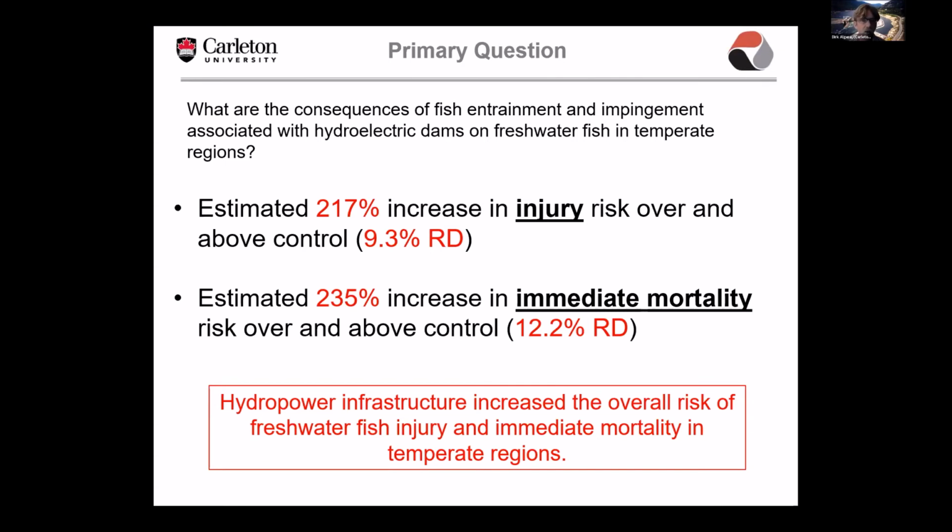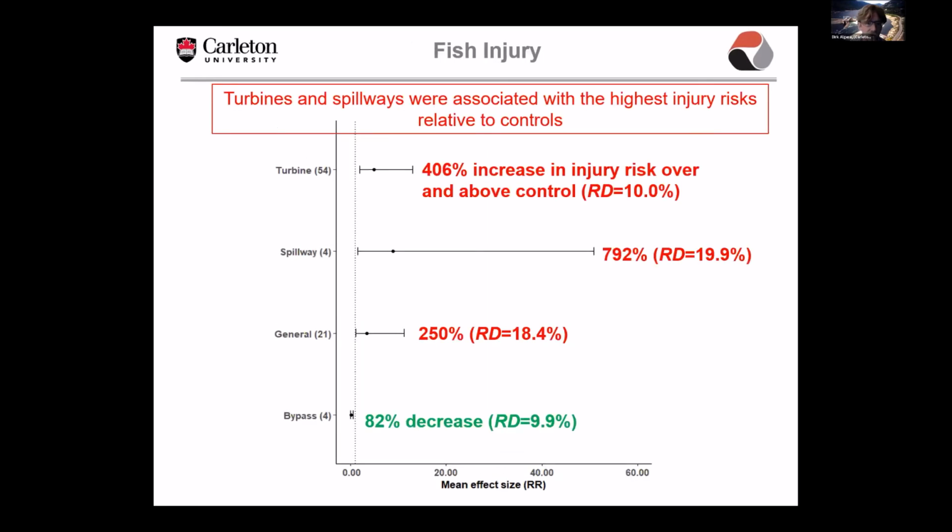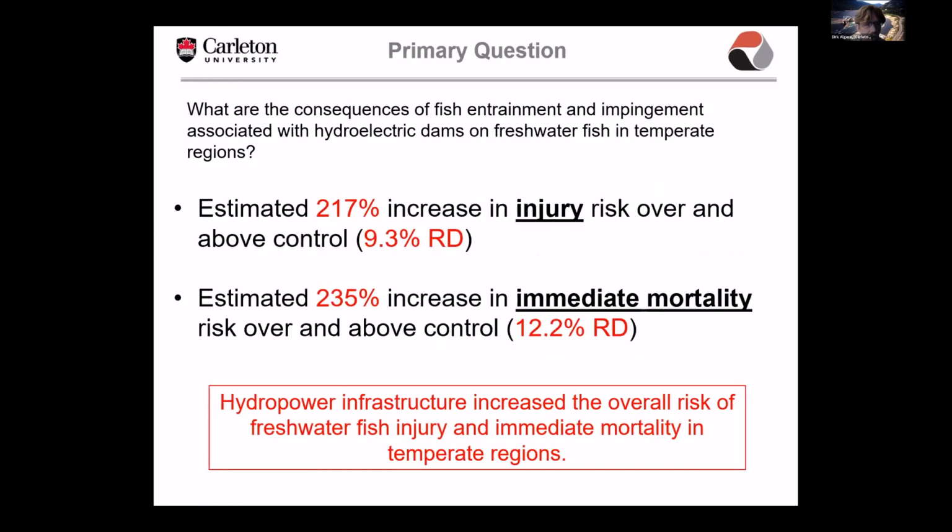Addressing our overall question, we found an overall estimated injury risk increase of 217%. That's above and beyond the control, relative to controls, and for immediate mortality, a 235% risk over and above controls.